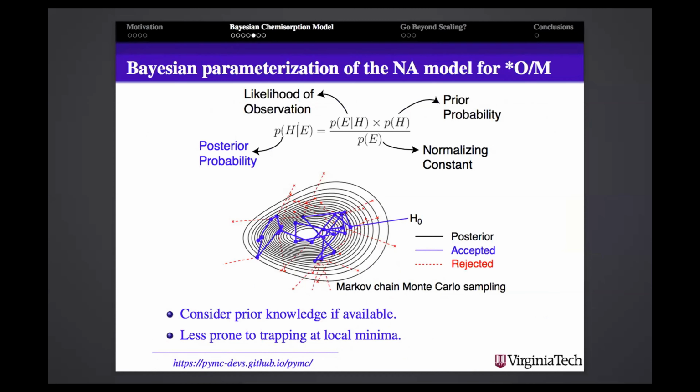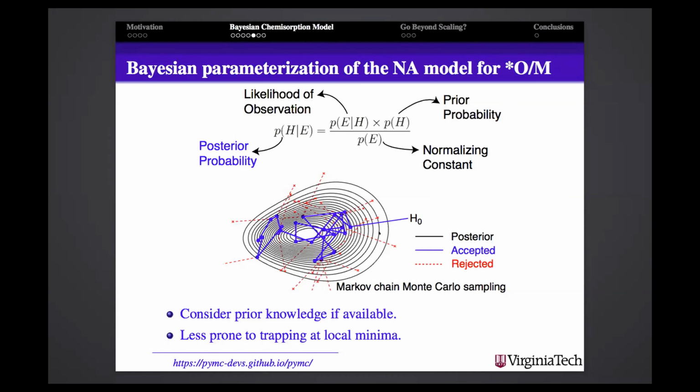And for our chemisorption models, the observations are DFT-calculated adsorption energies and the density of states. The important advantage of the Bayesian approach is that you can incorporate prior knowledge, if you have it, for each parameter. And this is the likelihood of observation for a given parameter set, and P(E) is the normalizing constant in the Bayesian optimization. This constant is really difficult to calculate directly.